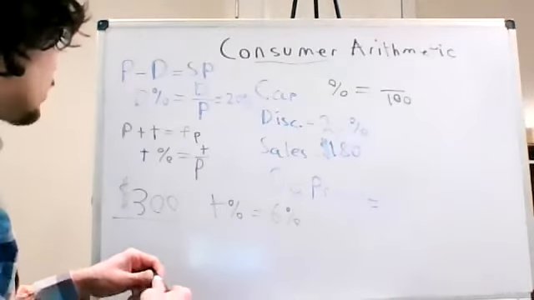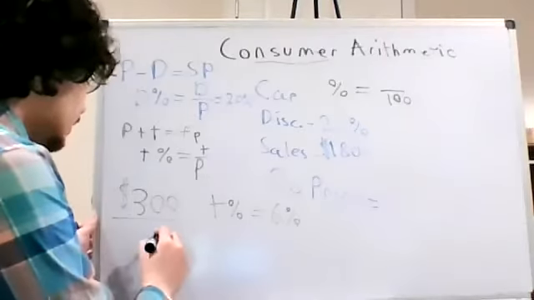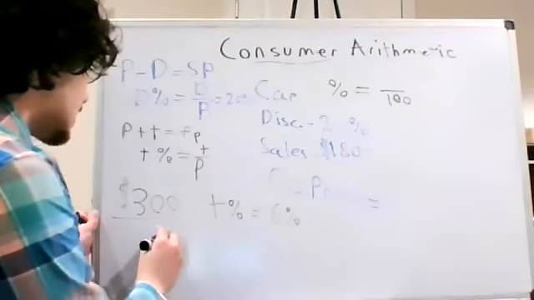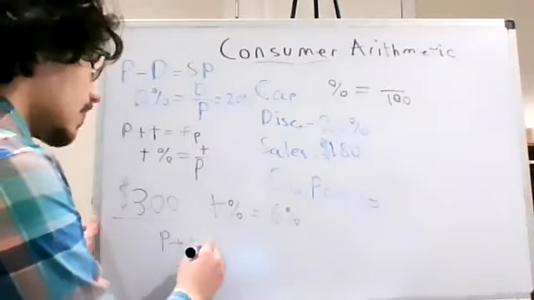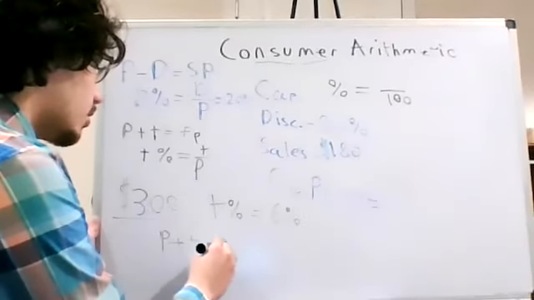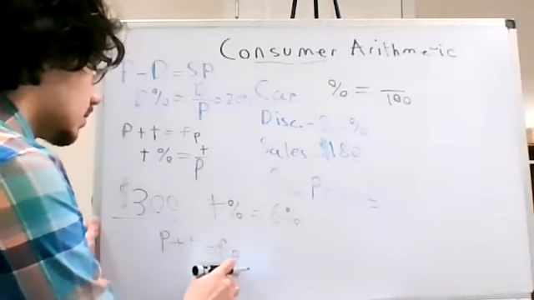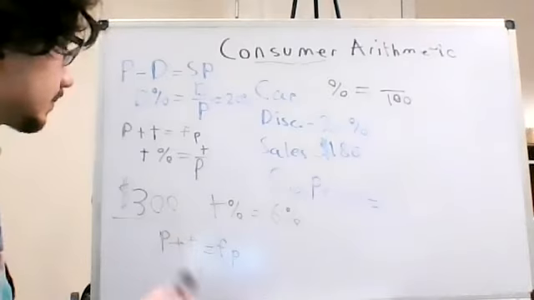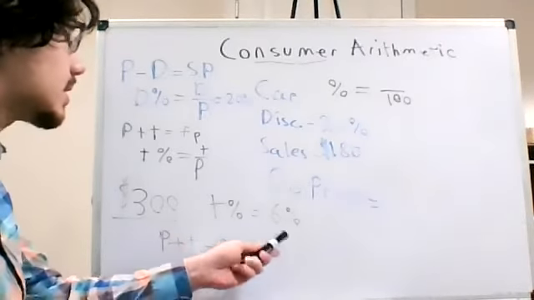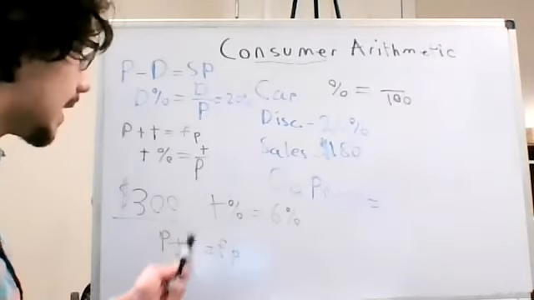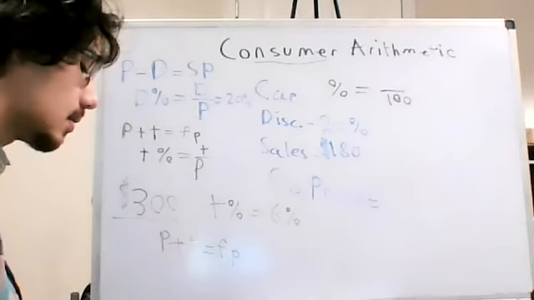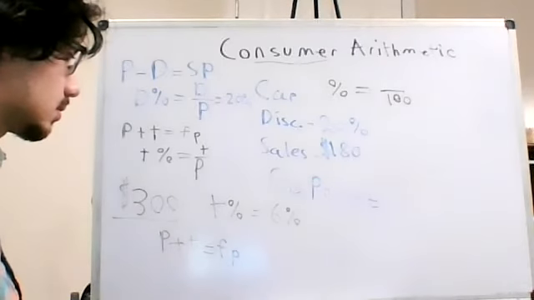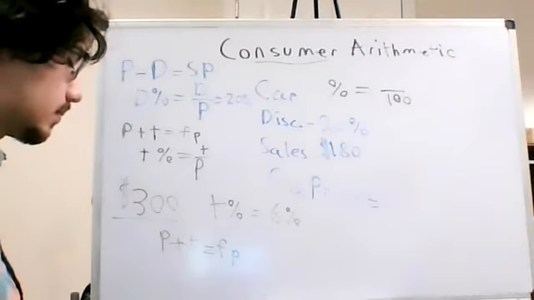Okay, so we want to use the price plus the tax equals the final price. Now, do you want to use the percent or do you want to find the price number for the tax? Sir, we could use the percent.